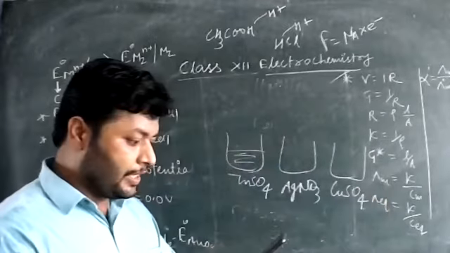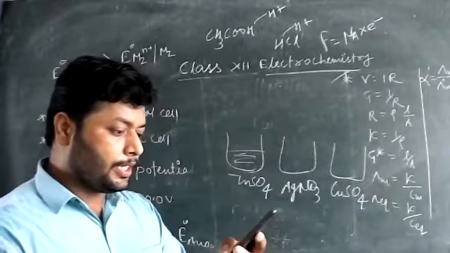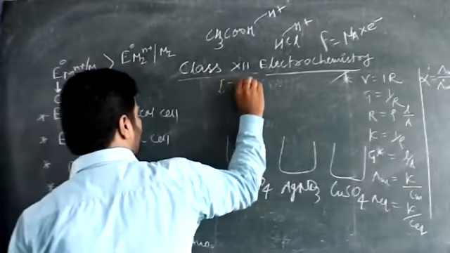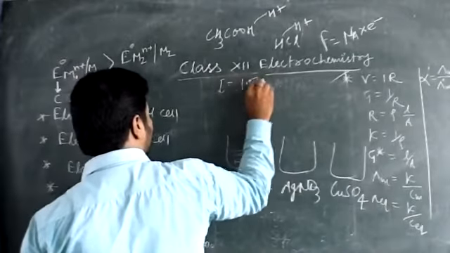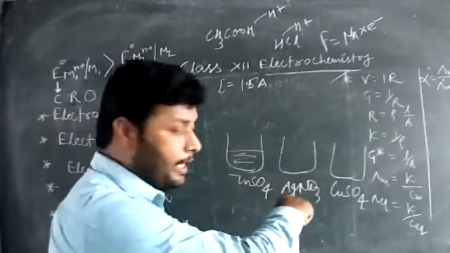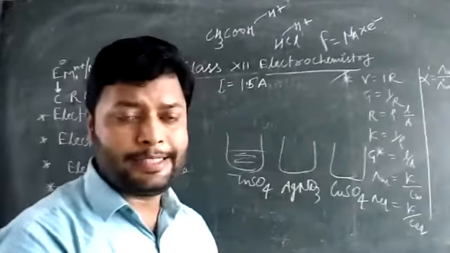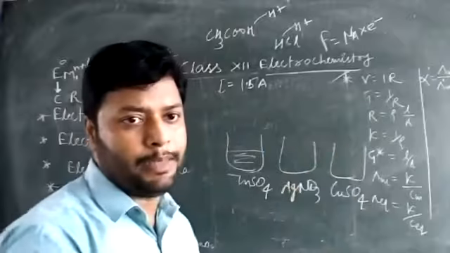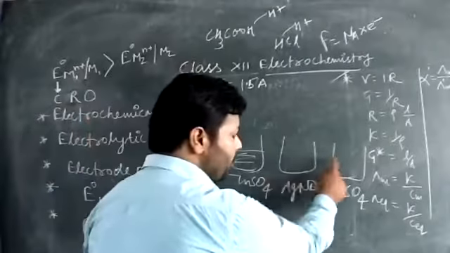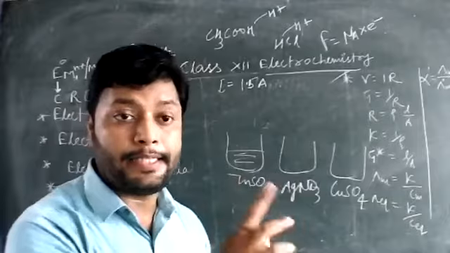A steady current of 1.5 ampere is passing. All these are connected in series, so the same current will flow through all of them. The current will be the same for all three electrolytes because they are connected in series.